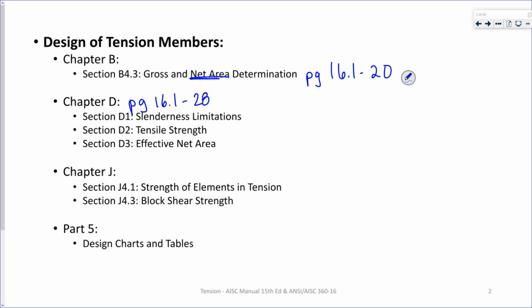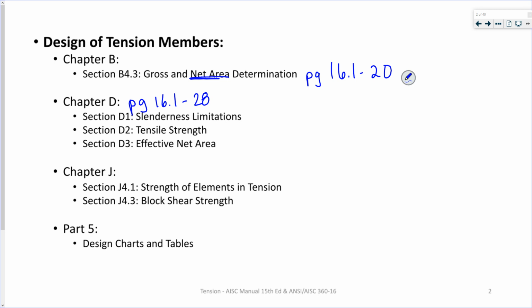So we're in chapter D. We are also going to eventually talk about block shear. And so if you go to section J4, sometimes it's nice to have some tabs. Actually, there's a part in J3 that we're going to look at in a minute.